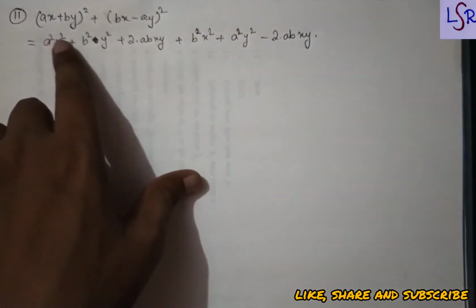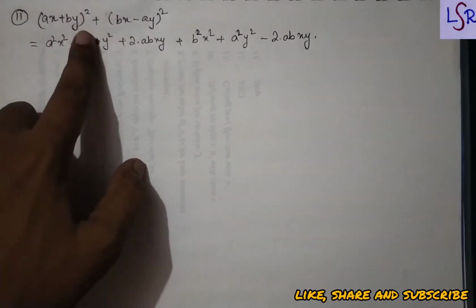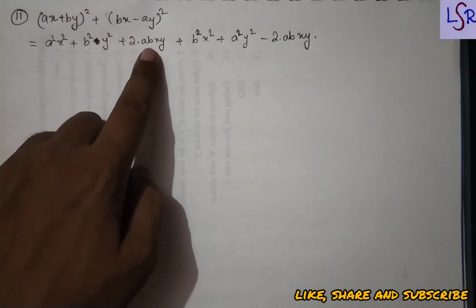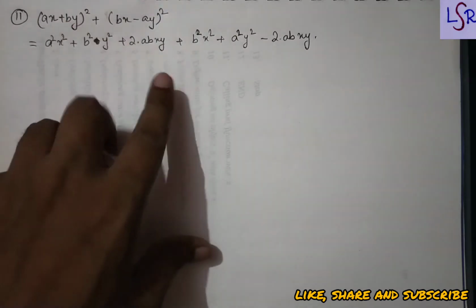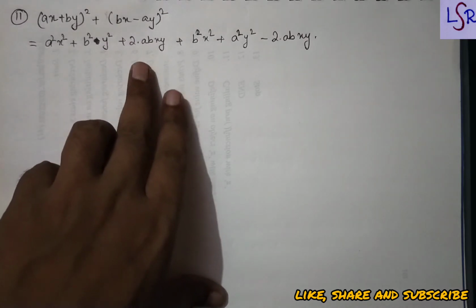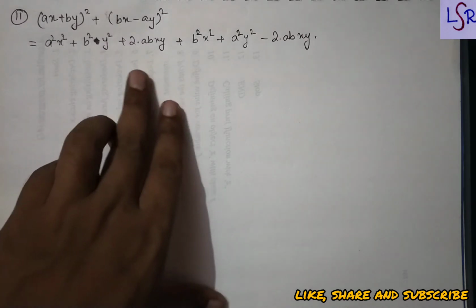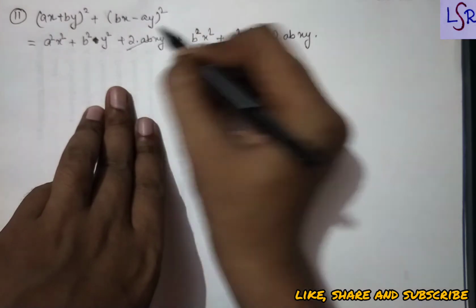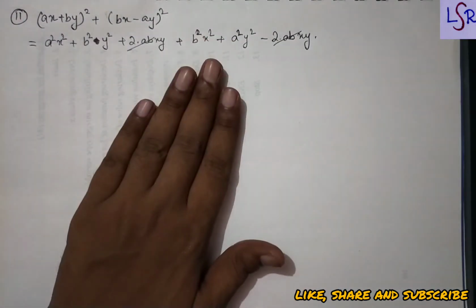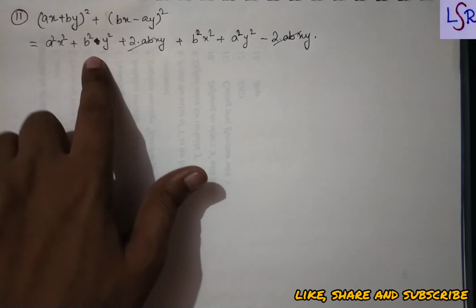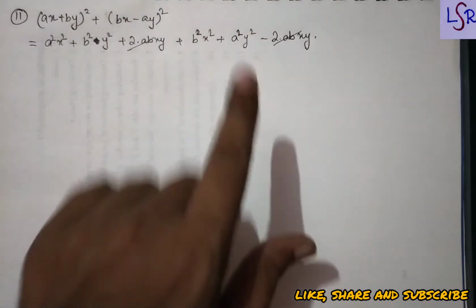Here we see we have ax and by, and I have written this as a plus ab and xy in algebraic, alphabetical order. Now we see that this one is plus and this one is minus, so they will be cancelled out, and after that we are going to shift the second term to the last again to take the common.